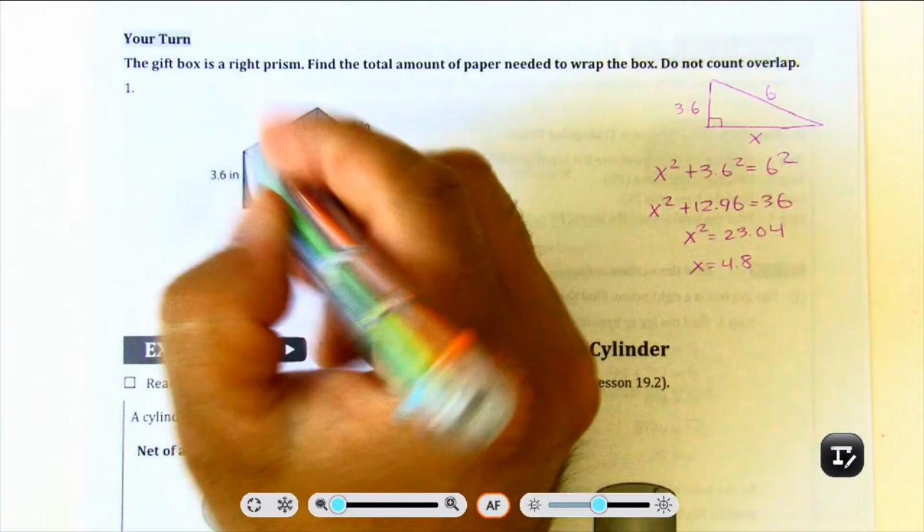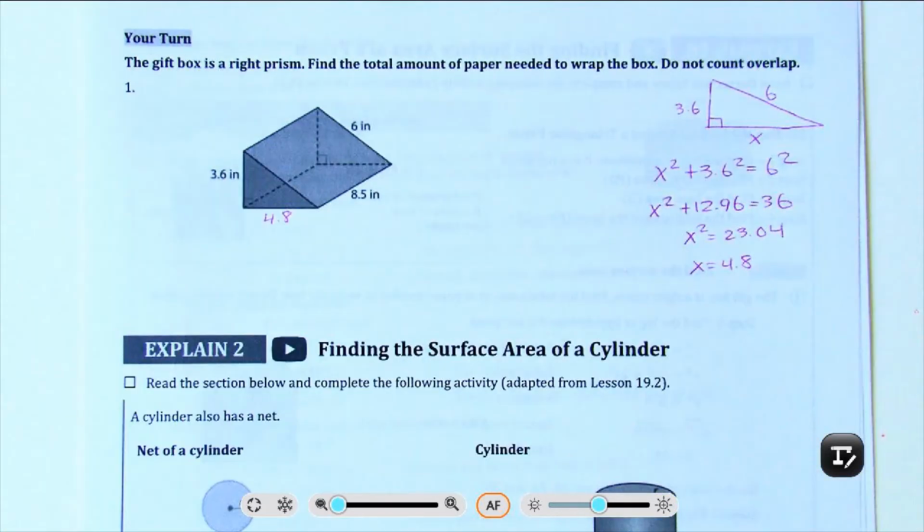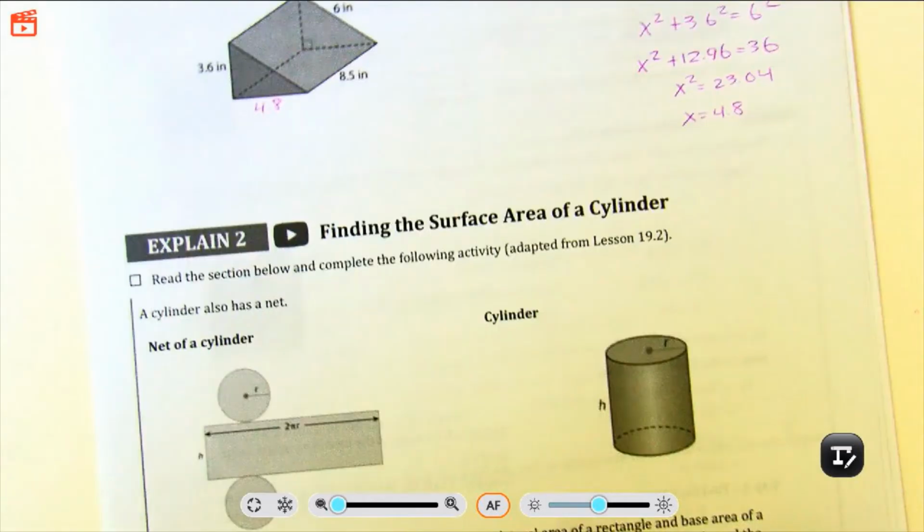Okay, so now that I know that, I can do the steps. I can find the perimeter, I can find the height, and I can find the base.